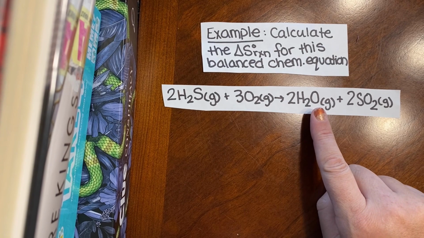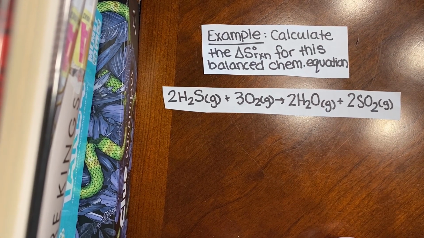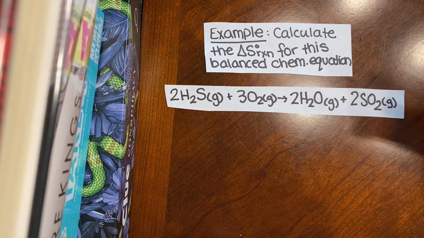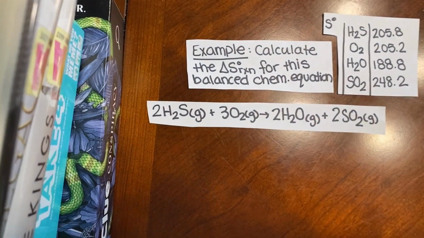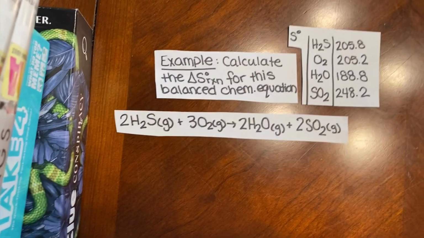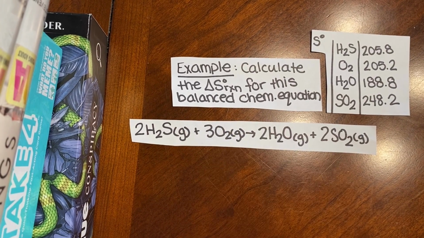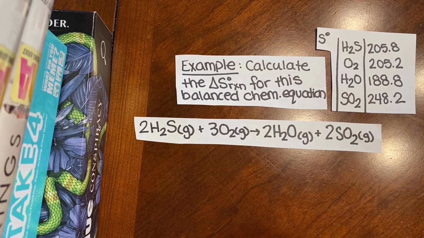It's going to form 2 moles of water vapor and 2 moles of sulfur dioxide gas. We also need some other information in this problem. We need to know what our standard entropy values are. So for this problem, we're assuming we're at 1 atm and 25 degrees Celsius.